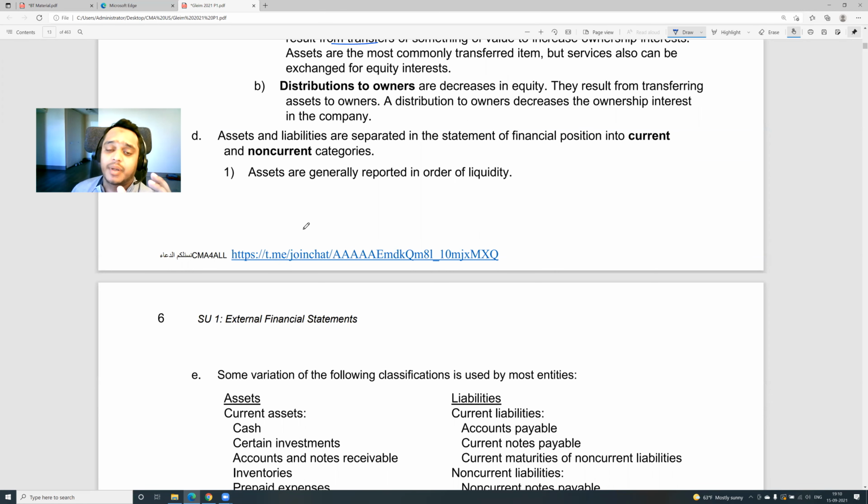A current asset or current liability is something which is due within a year, whereas something due after a year, more than a year, is a non-current asset or a non-current liability. I hope you are getting clarity over it.